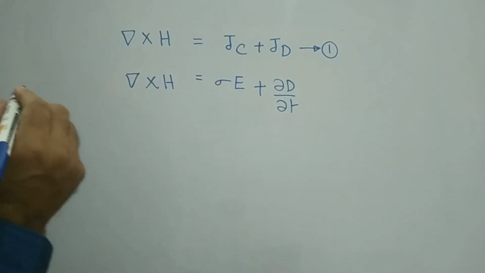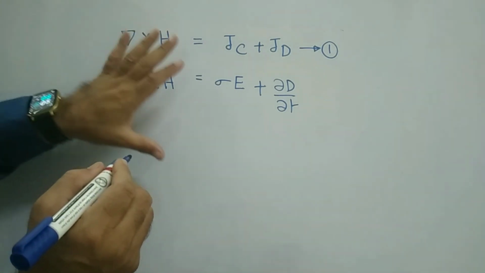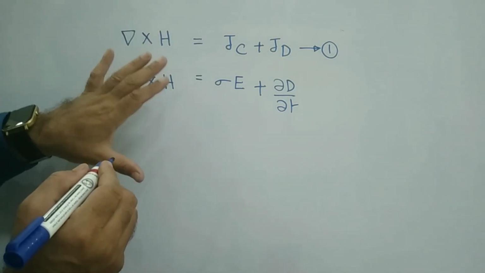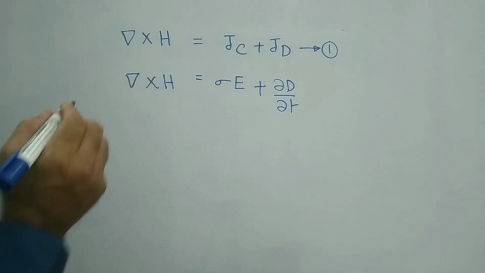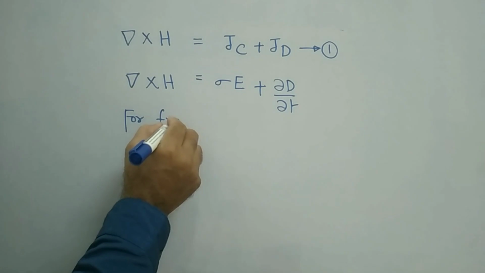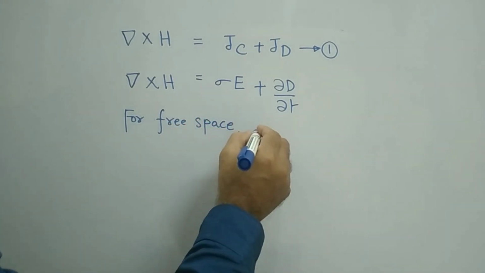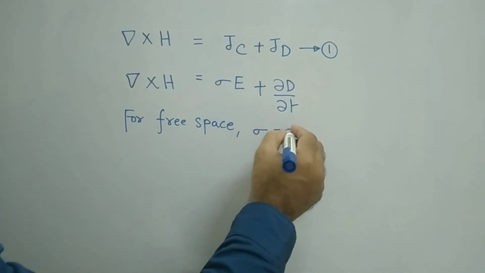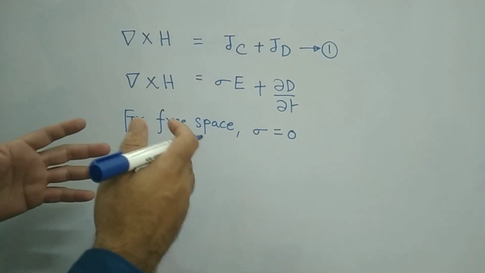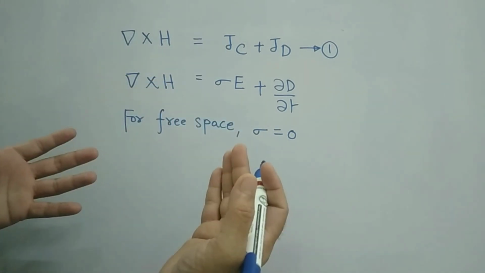Now we know that these expressions we are deriving are for free space. For free space, the conductivity sigma becomes 0 because free space is a non-conducting medium.